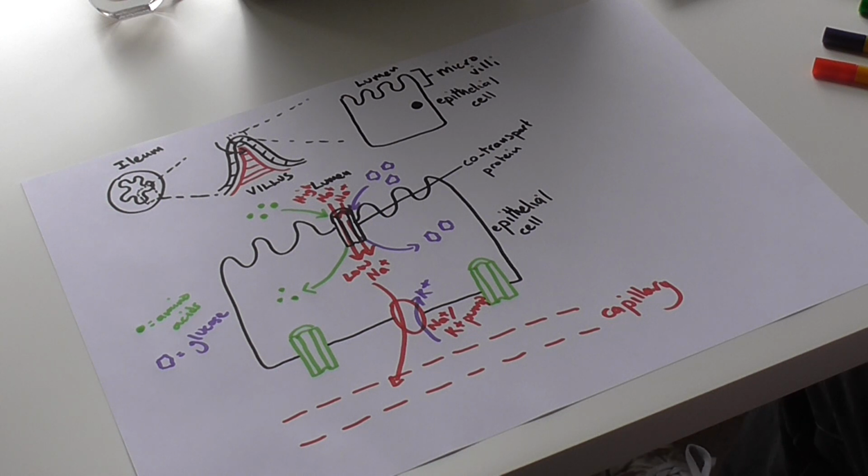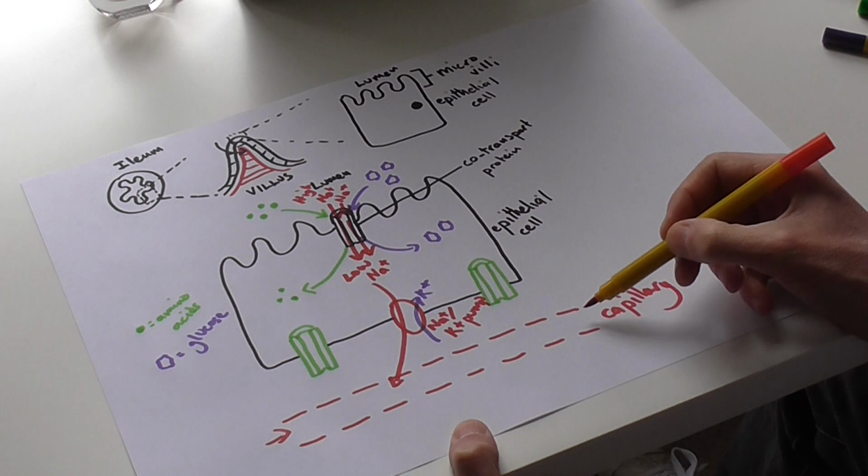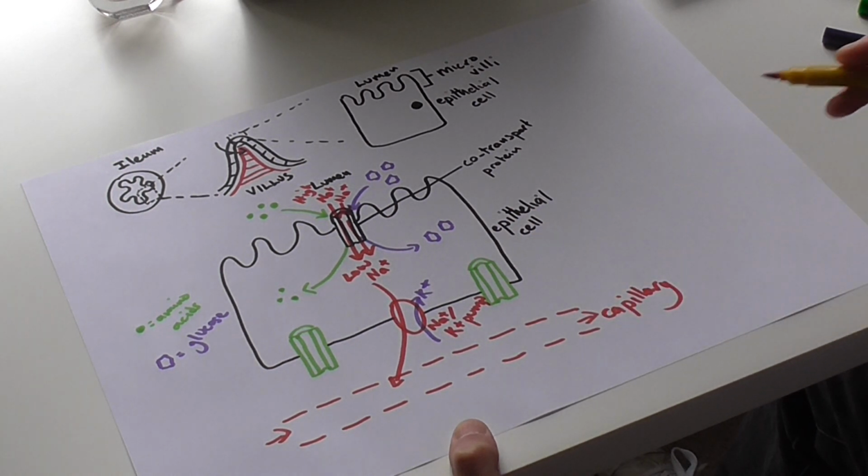What we have now is a relatively high concentration of amino acids in the epithelium. There's a higher concentration of amino acids in the epithelium compared to the capillary. The capillary is transporting blood, it's constantly flowing, and so it helps to maintain a concentration gradient between the epithelium and the blood.